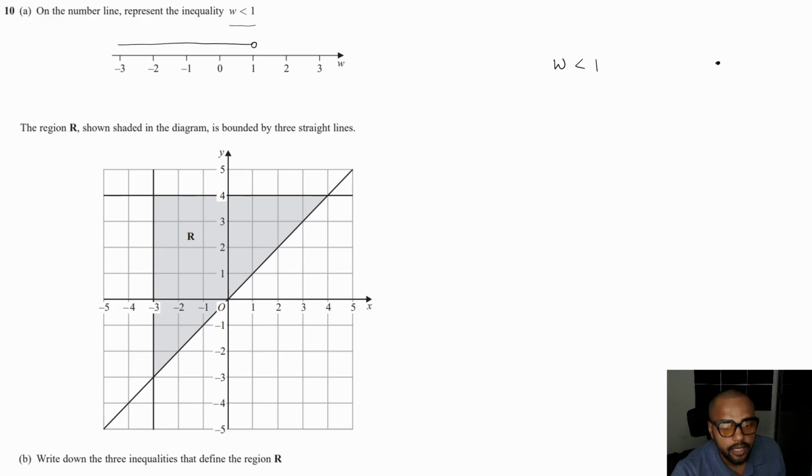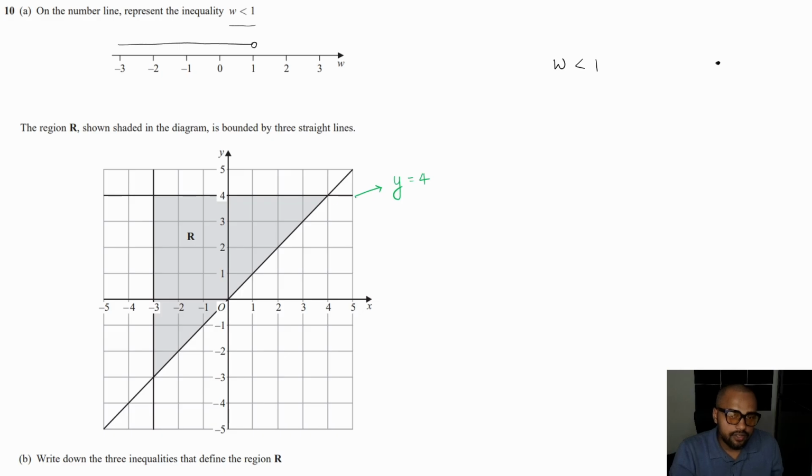Now in the second part, the region R shown shaded in the diagram is bounded by 3 straight lines. Okay, students, so let's say I'll be taking different color here, students. For this line, if I say the x element here is 0, so y equals to 4. Okay, now we need to see what is the portion here.